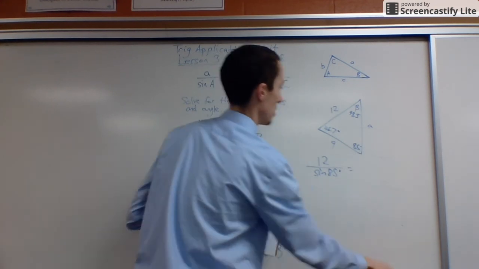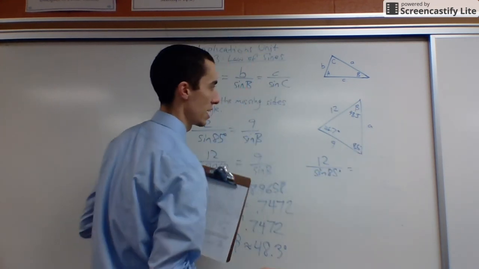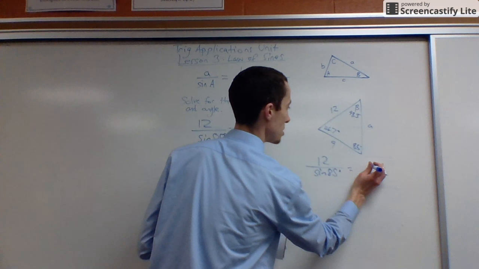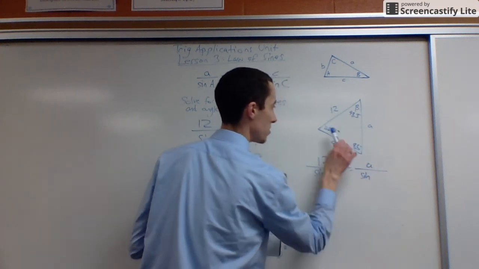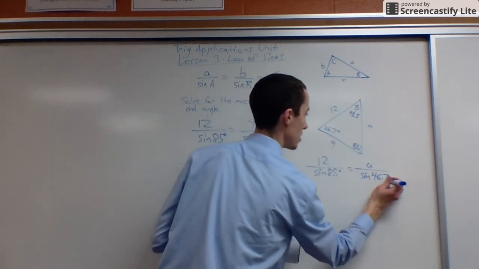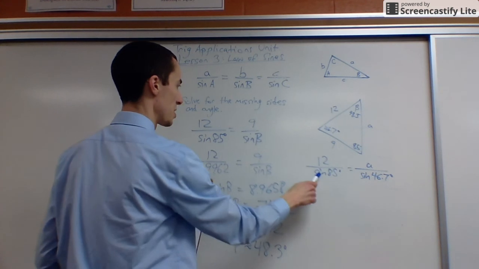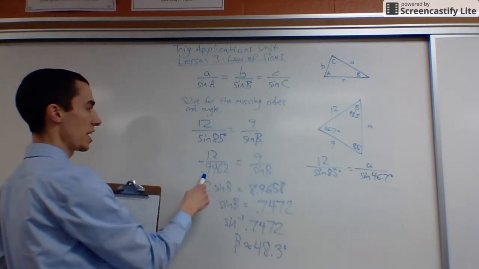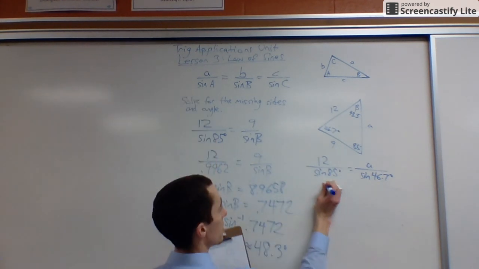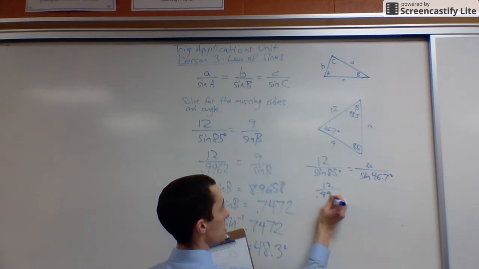So all we need to do now is find that side. So we do the ratio of the side to the sine of the opposite angle. We know that the sine of 85 degrees is 0.9962. So we'll substitute that.